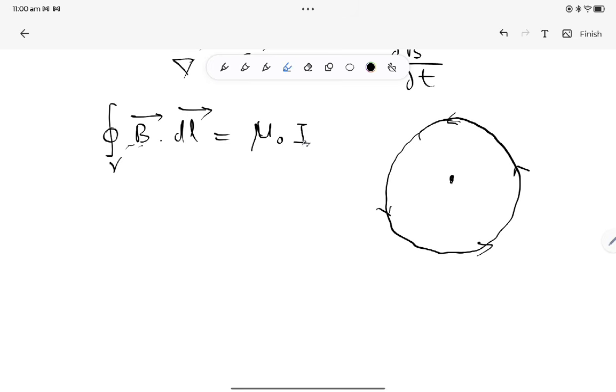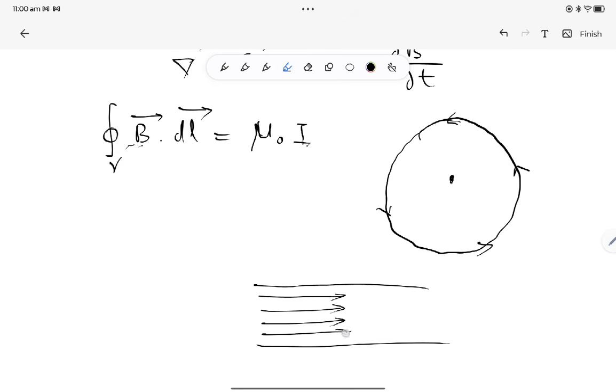Now we can express this current in terms of current density. What is that current density? Suppose you have a wire like this, and current is flowing in this fashion. For the moment, let the current be steady, constant, not changing with time or space.